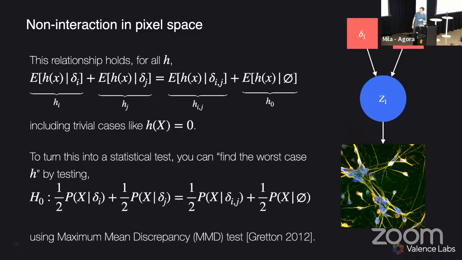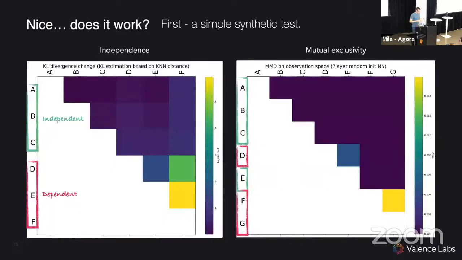That ends up being equivalent to what's called a maximum mean discrepancy test, which is a test for whether two distributions are the same. It's essentially these two distributions, and that's equivalent to testing these things. Okay, so we can show this as well.